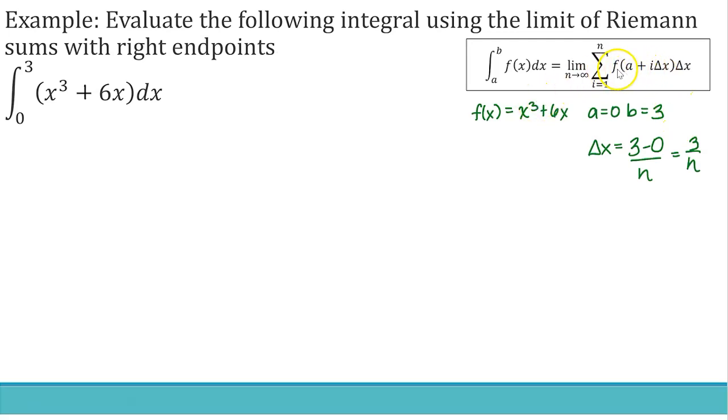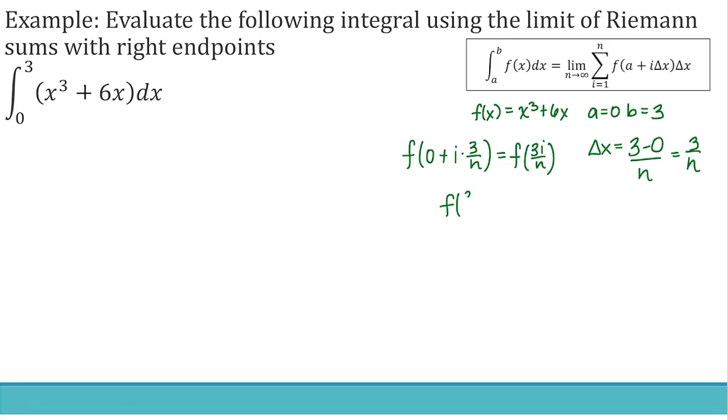And so in this problem, in order to do the limit of this sum, I need f of a plus i delta x. So I need f of 0, which is a, plus i times delta x, which is 3 over n. So I need f of 3i over n. That's the quantity I'm going to need to do this limit of this Riemann sum. So I have to plug 3i over n into each x in the f of x function.